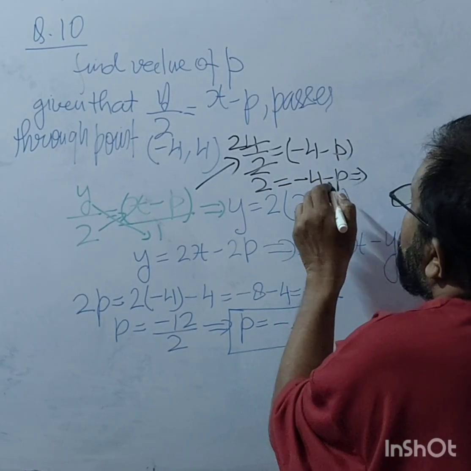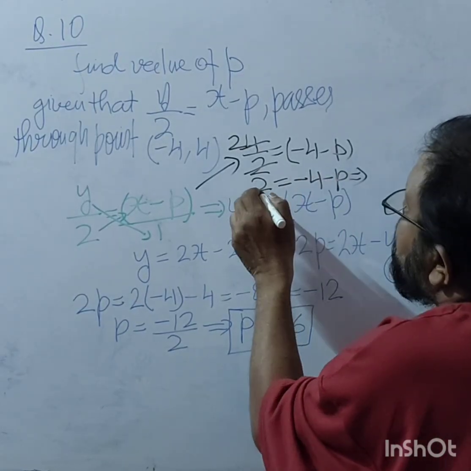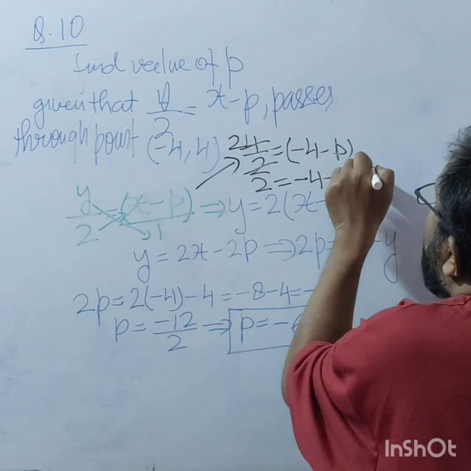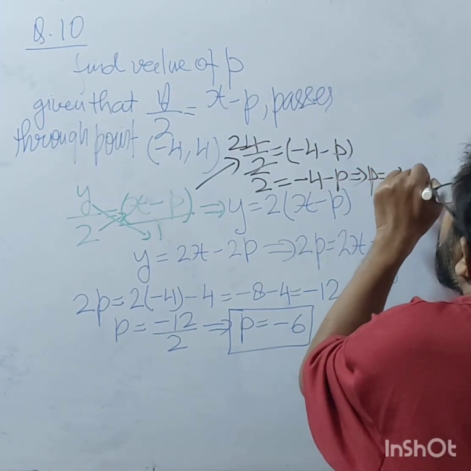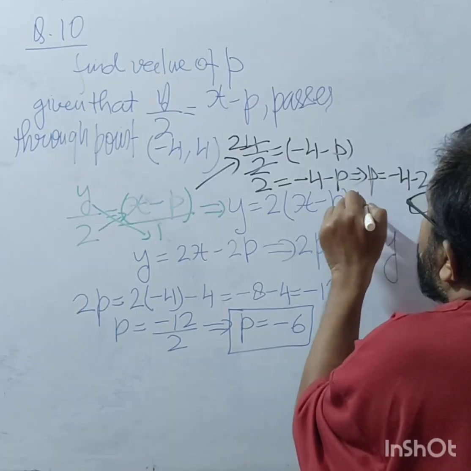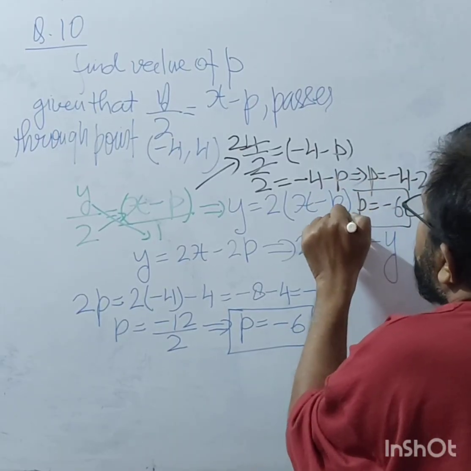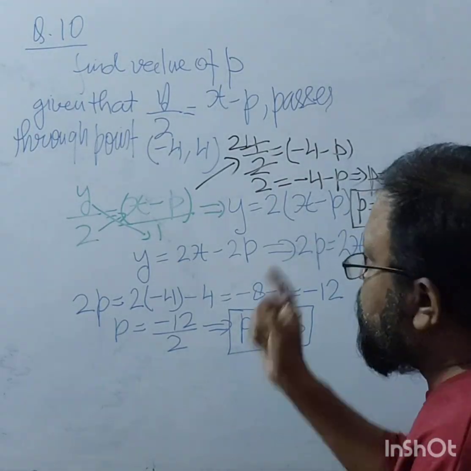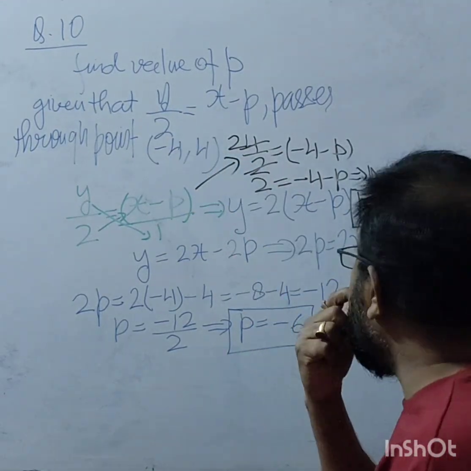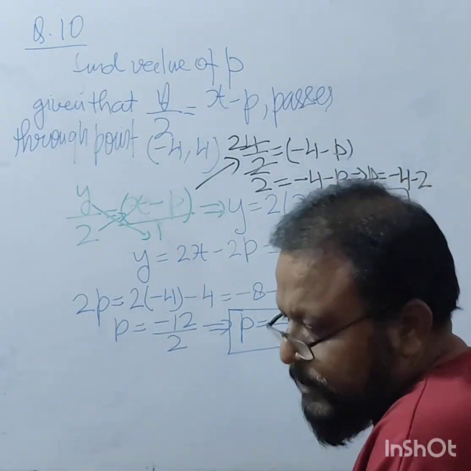Now bring this p on this side, minus p becomes p, and this is minus 4 minus 2. So p is equal to minus 6. It can be done like this also. You just put the values in the equation and get the value.